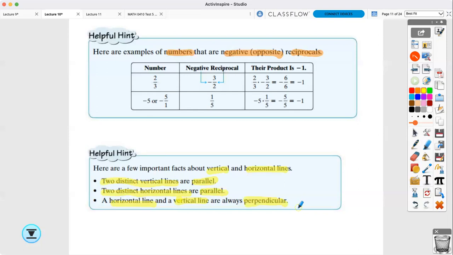Anyone still need more time to copy these down before we move on? Just give me 1 second. Let me know when you're good. No worries.